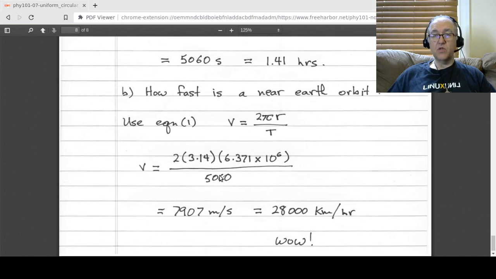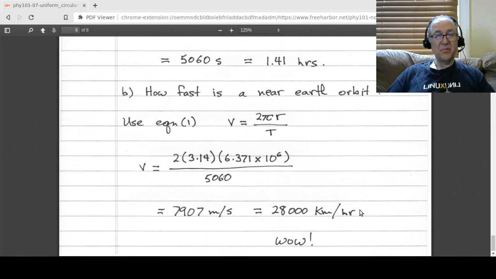If you take a look at those equations, we want the velocity. You could use either equation 2 or 3. I used equation number 1 here. So v is equal to 2 pi r over T, and substituting that in, that turns out to be 7,900 meters per second. It's a little hard to get your head around how fast that is. That turns out to be about 28,000 kilometers per hour.